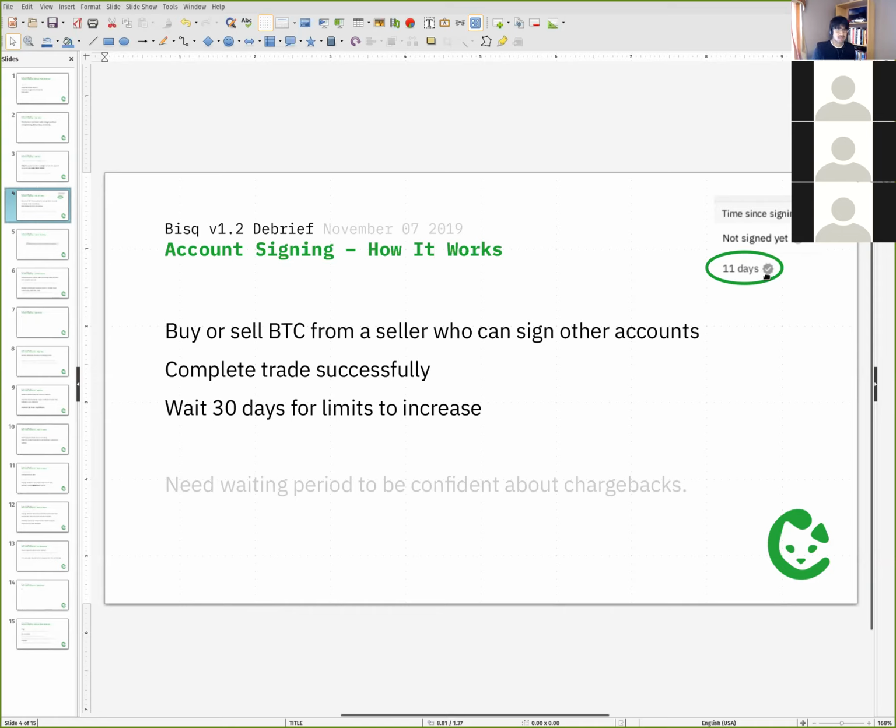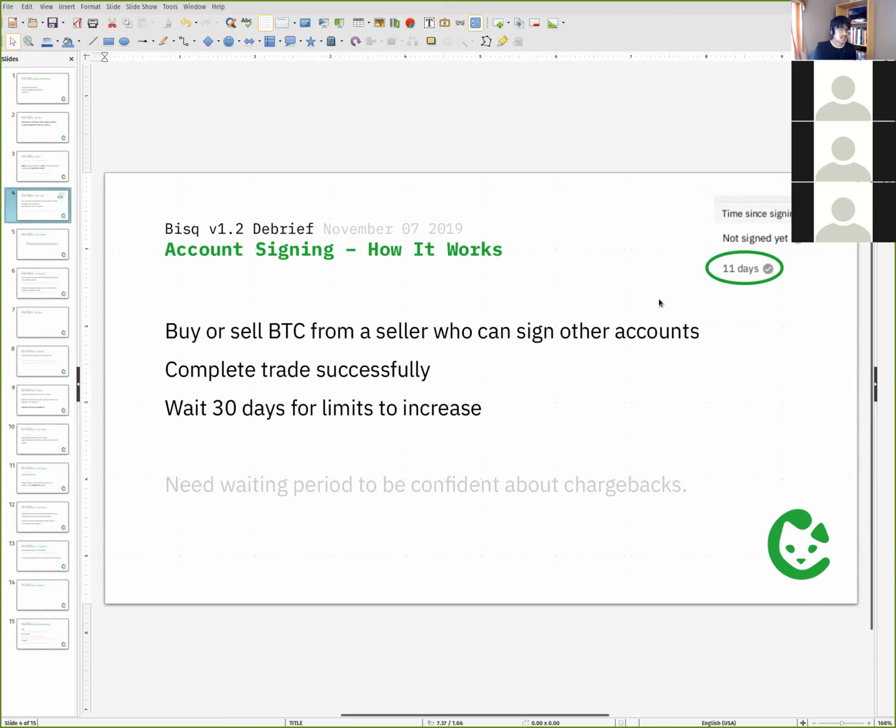If you see that checkmark, that means that the person or the payment account is signed and can sign your account upon successfully trading with them. So you take an offer from someone who has a signed payment account, complete the trade successfully. Upon acknowledgement of successful completion of the trade, the signing takes place. And then 30 days after the signing, limits to buy Bitcoin are increased.